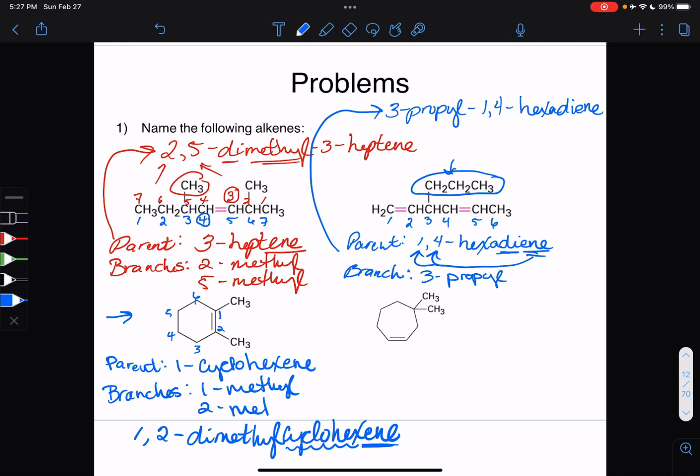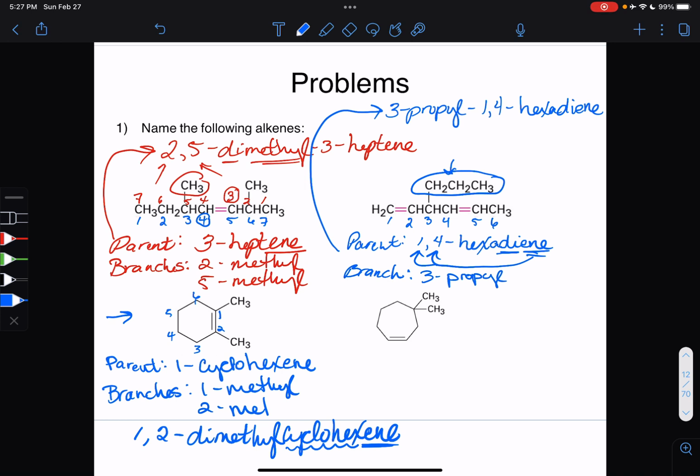If it was somewhere else because of some other reason, it would have a number, but we don't have that situation, so that's what we have, okay? So 1,2-dimethylcyclohexene.